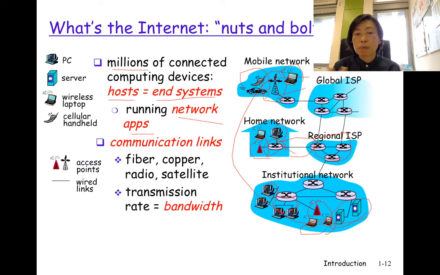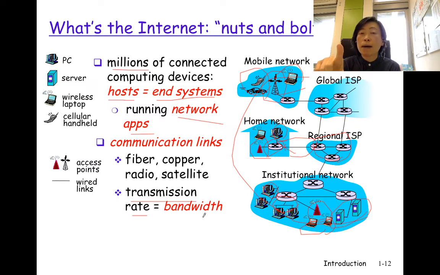The differences between these communication links or access networks are mostly in terms of the transmission speed, the transmission rate. There's a specific term for it called the bandwidth. If you come from an EE background, sorry guys, bandwidth in some EE courses is referred to as a range of frequencies.